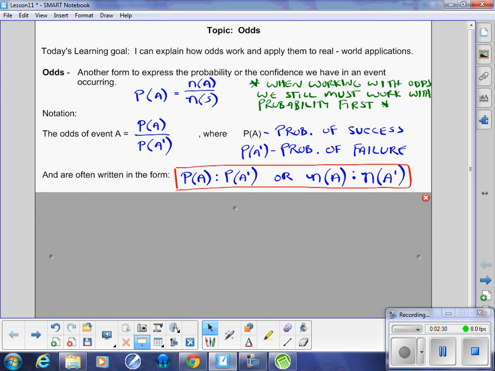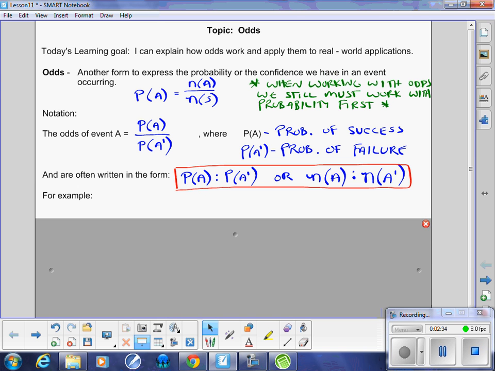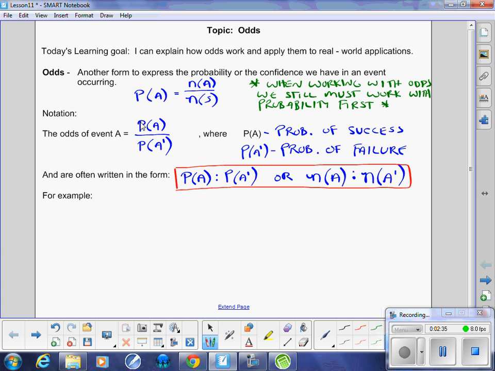Okay? So for example, the probability of rolling a 3 on a 6-sided die. What's the probability of rolling a 3? Well, you already can tell me that it's 1/6. So how many ways can you be successful?